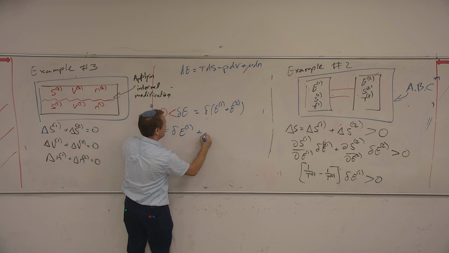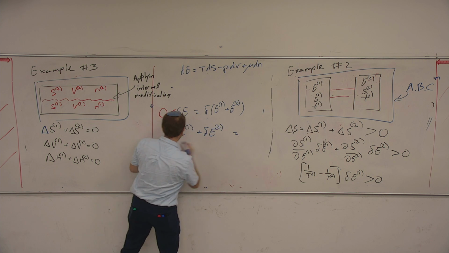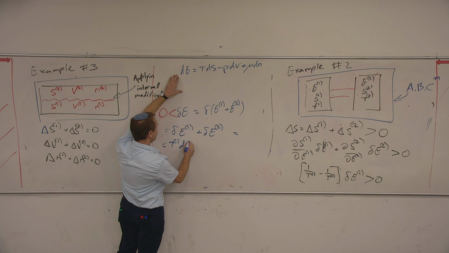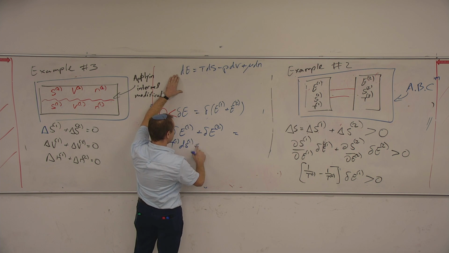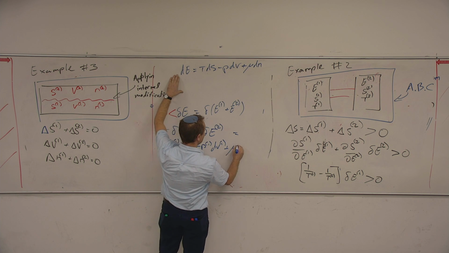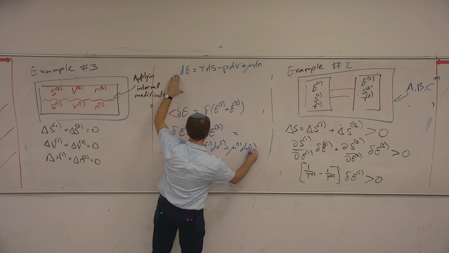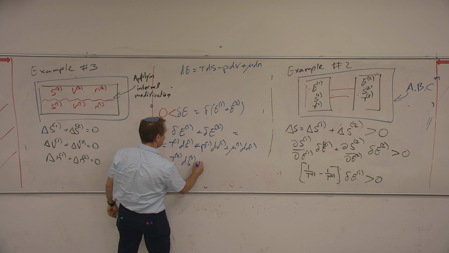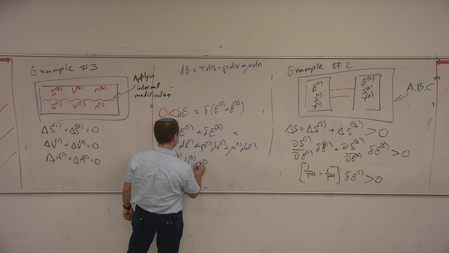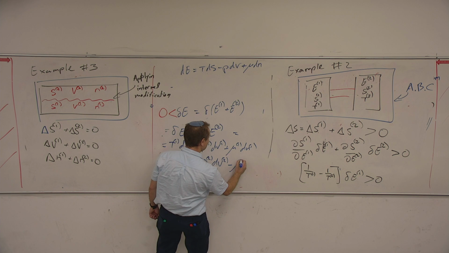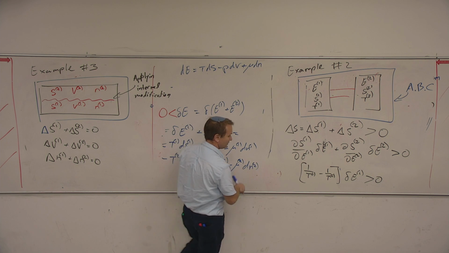According to this equation, it equals T1 dS1 minus P1 dV1 plus mu1 dN1, minus T2 dS2 plus P2 dV2 minus mu2 dN2.